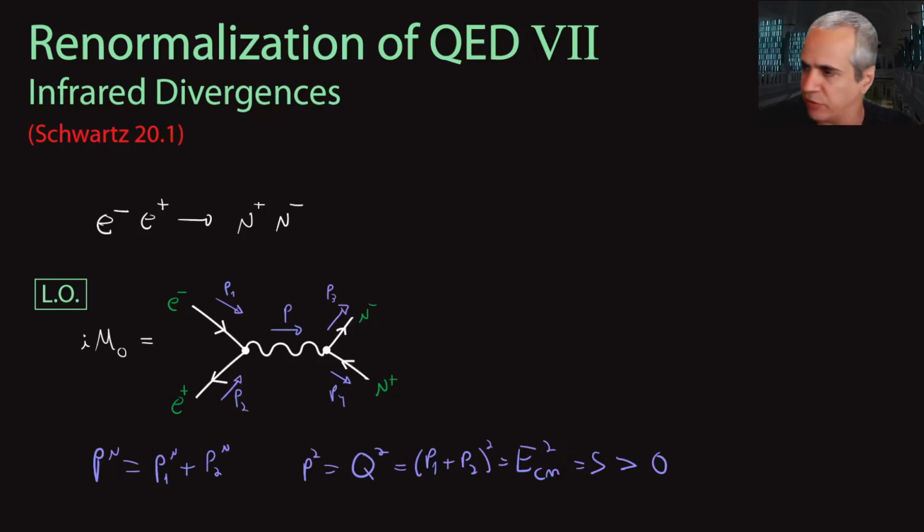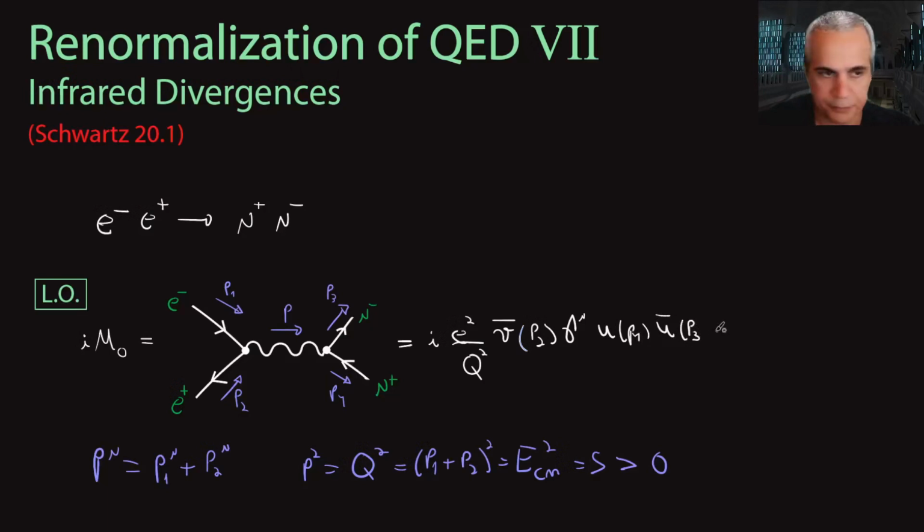Using the Feynman rules, we can write this amplitude like this. There's an i because we have 2 vertices there, and a sign I already absorbed. This is just e squared over Q squared, and then all the Dirac structure, which should be v bar of P2, gamma mu, u of P1, u bar of P3, gamma mu, v of P4.